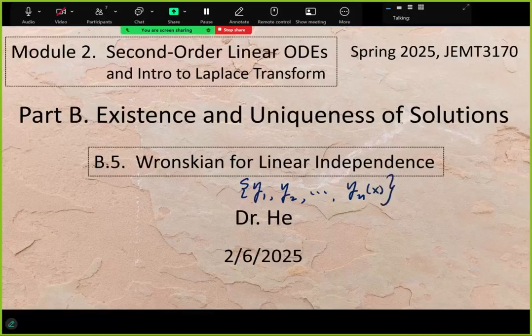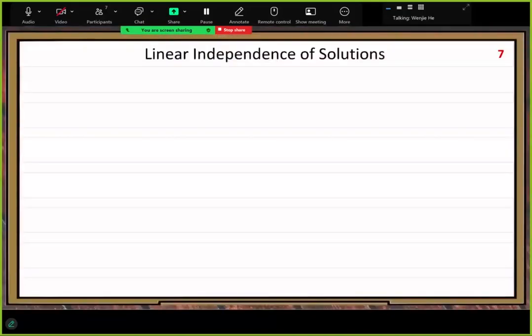So we have n functions, and we need a convenient way to help us check if these n functions are linearly independent. We raised that question before, and here we need to answer it.